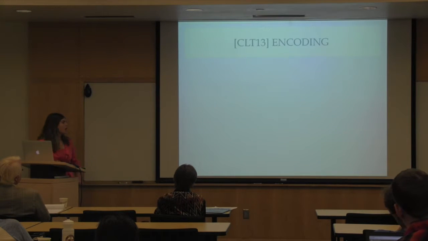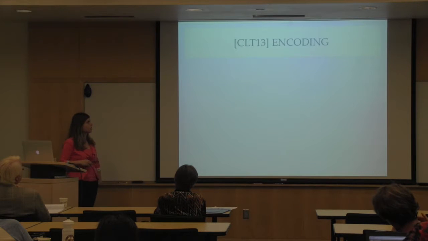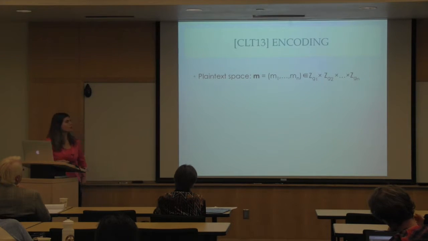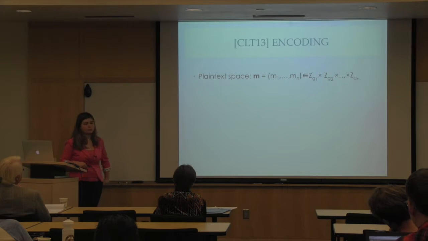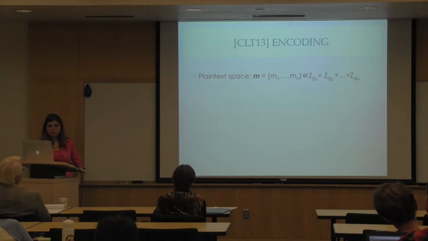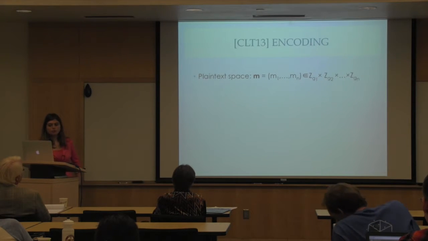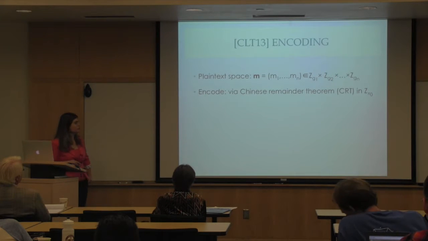So, how do you encode in CLT13? We will be encoding n-tuples that live in the product of Z sub g1 to Z sub gn. This will be our message space, and our encoding will be using the Chinese Remainder Theorem.